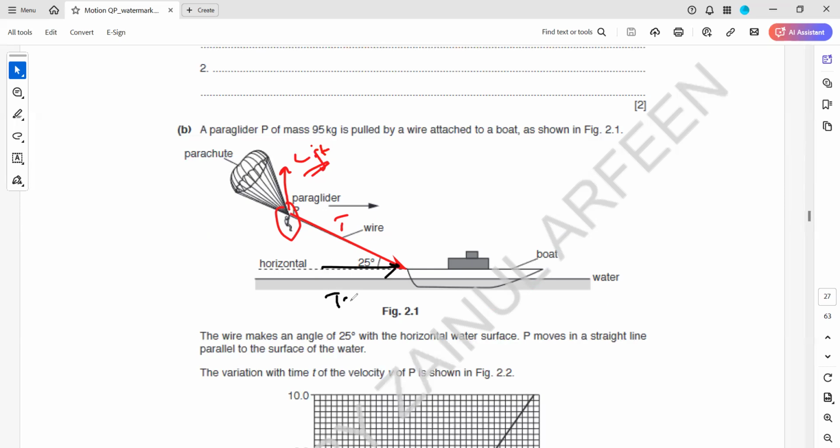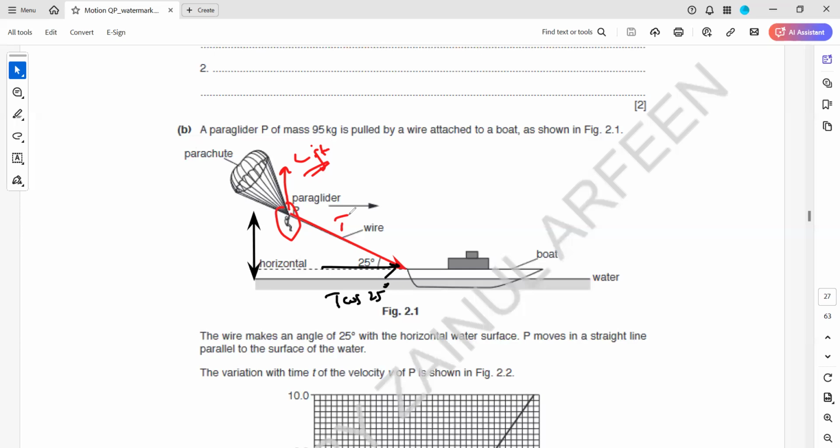One is T cosine 25, which is acting horizontally. He doesn't have a resultant vertically, because he remains at the same level. There is a force in the horizontal motion which causes an acceleration, but he did not change the vertical level. So vertically, there is no resultant force.